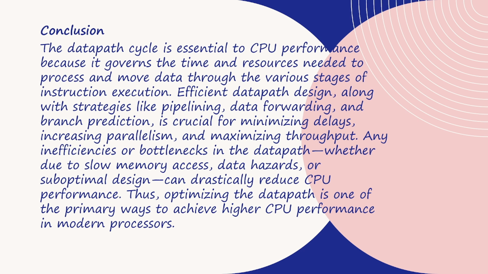Any inefficiencies or any problem, whether due to slow memory access, data hazards, or anything, can literally reduce the CPU's performance. Thus, optimizing the data path is one of the primary ways to achieve higher performance in processing.